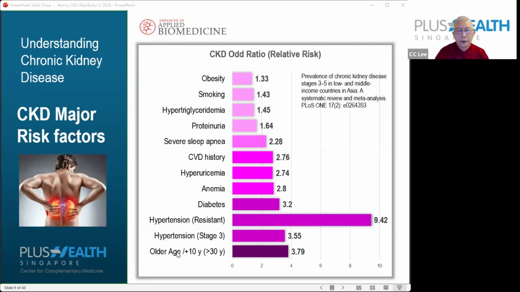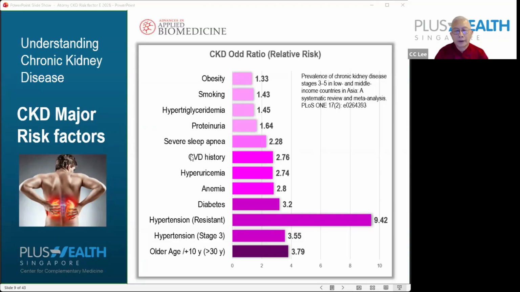For adults above 30 years old, for every 10 years of progression, your odds ratio of having CKD is 3.79, which means it's 379% for every 10 years increase in your age. So this is a risk factor that we cannot avoid, which means that as we get older, our risk of having CKD is definitely going higher.